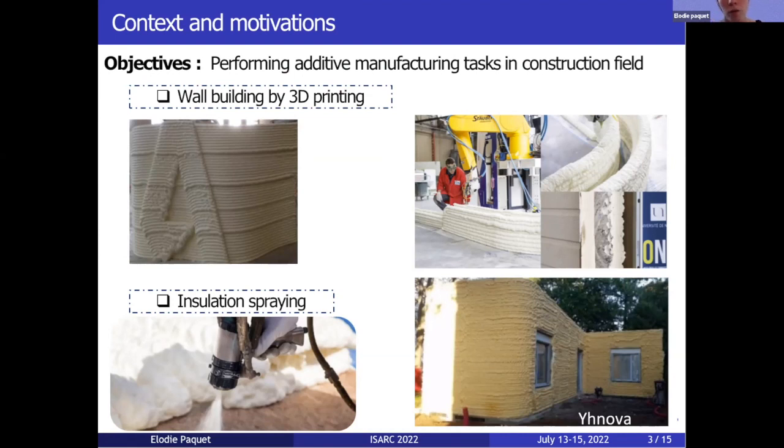We have made different tests and experiments on the feasibility of printing large parts and large walls with this technique. Here you can see a wall we have printed in foam. The length of the wall is 3 meters, for example.